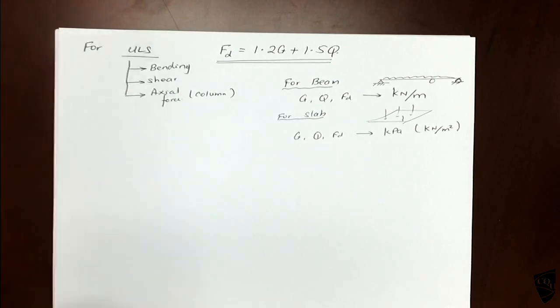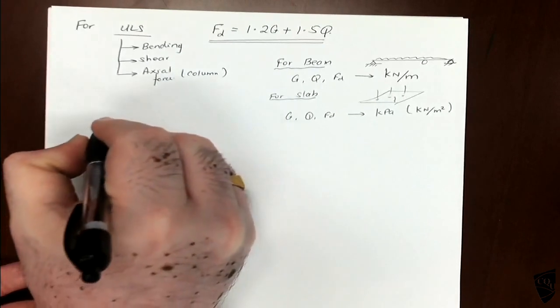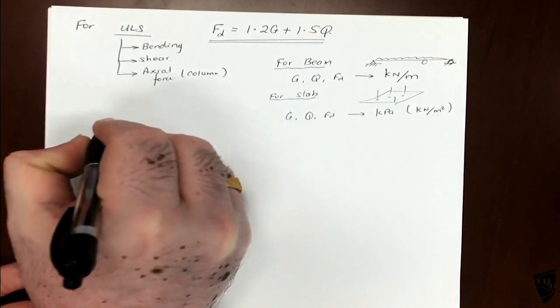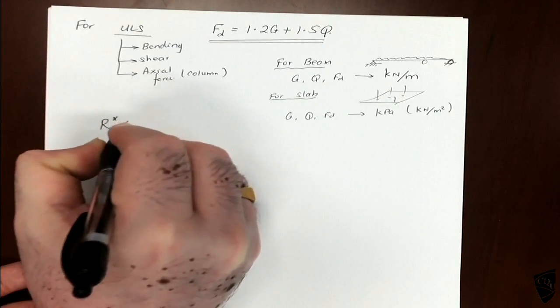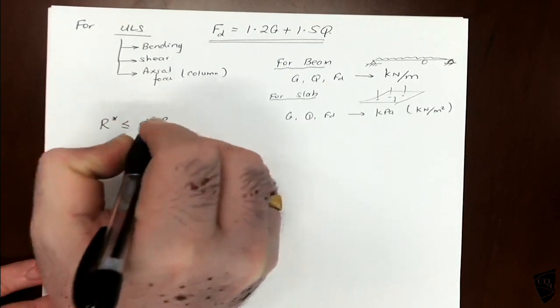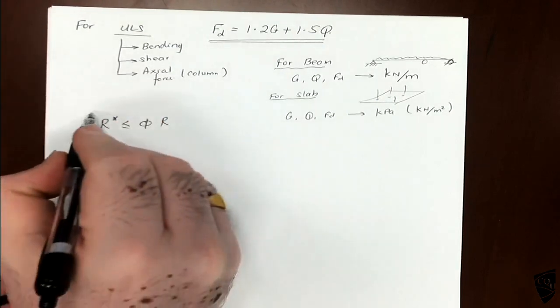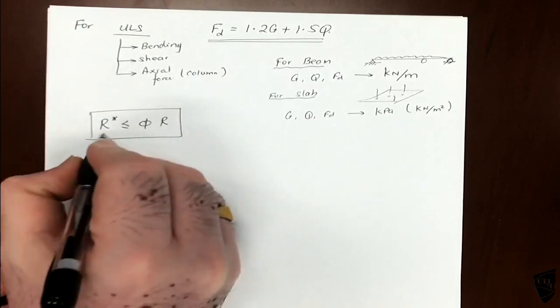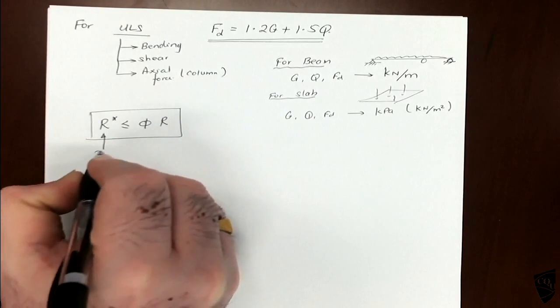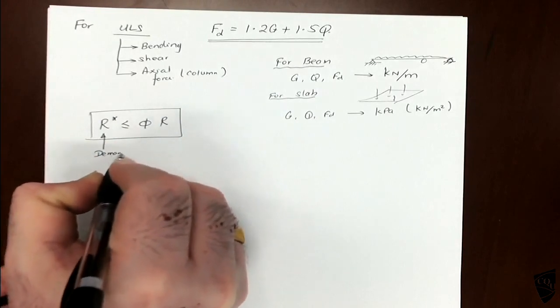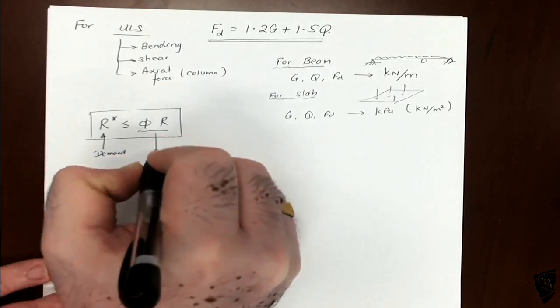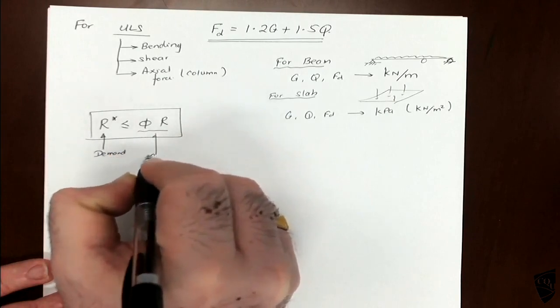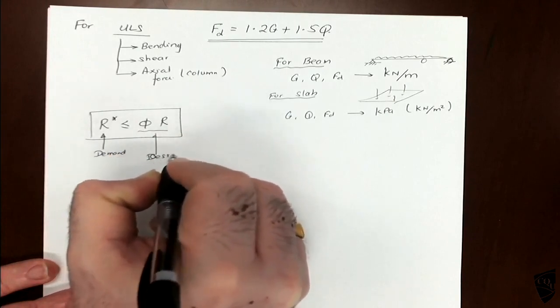Because for ultimate limit state, the condition is something like that. This is the criteria: R star is the demand, and this is the capacity, the design capacity.